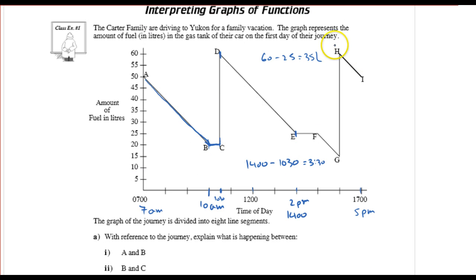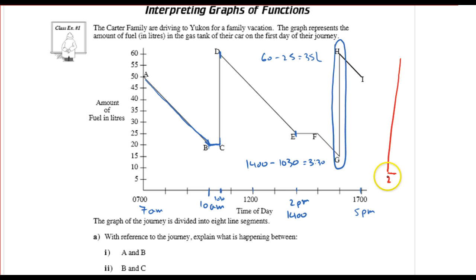Well, that's over here because they're not moving, and the car clearly has to refuel there. Now this is actually slightly sloped. This looks like a vertical line, but really it's more like a really steep line, because time is ticking while you're refueling.